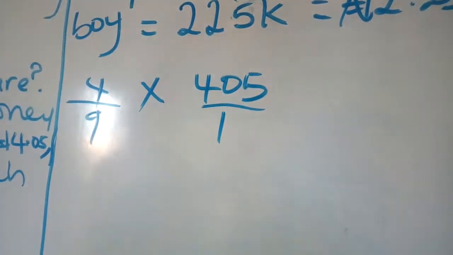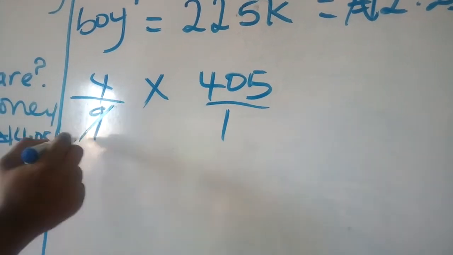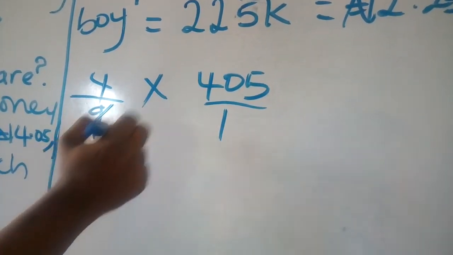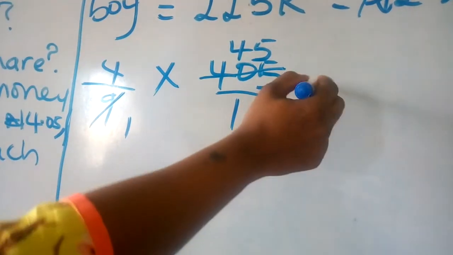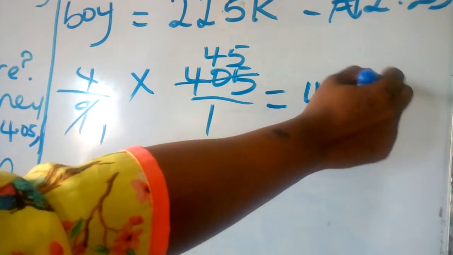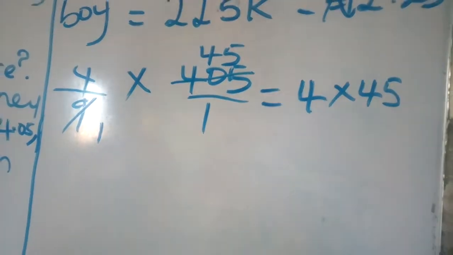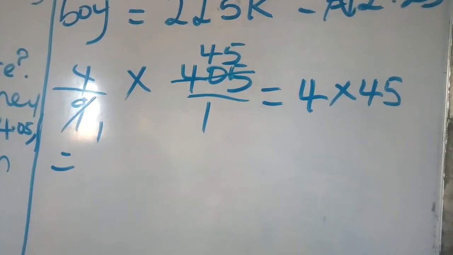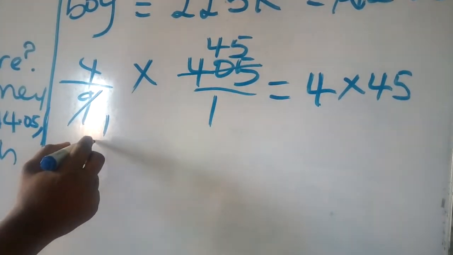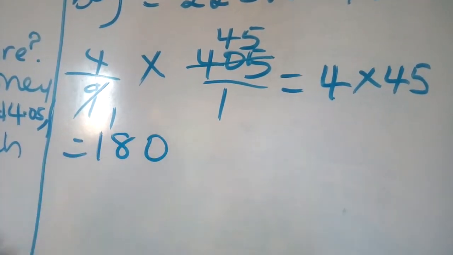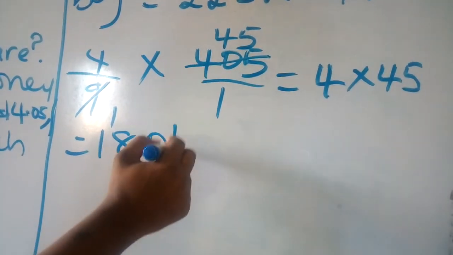So this time around, how many times? Same 45. Now let's multiply. 4 times 45 will give us 180. Is that understood? Very good.